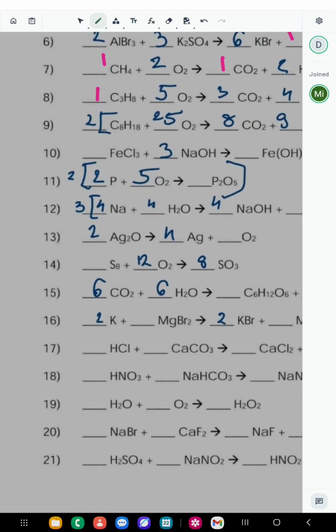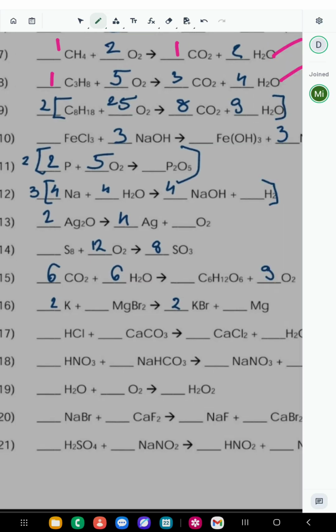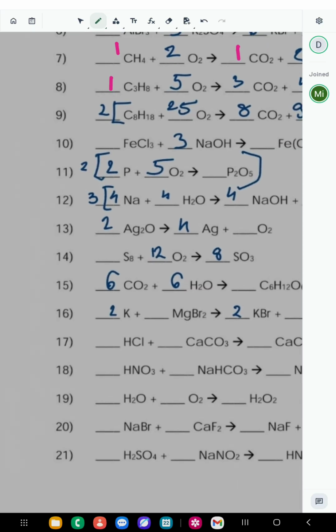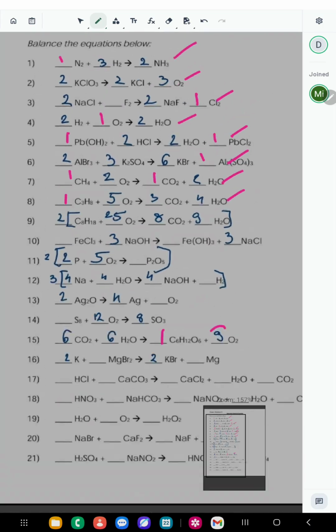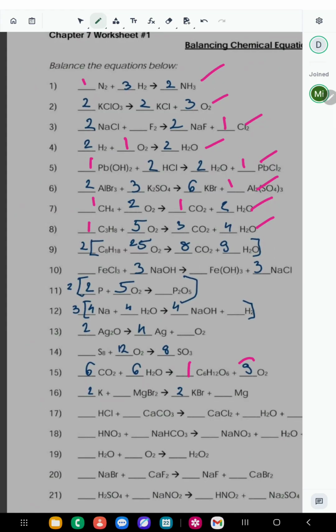Number 16. 16, 2, 1, 2, 1. 16? No, we start with 15. 15 is 6, 6, 1, 6. Is this 6? Oh no, let's go back to the bracket. Because I saw 6, 6, 1.